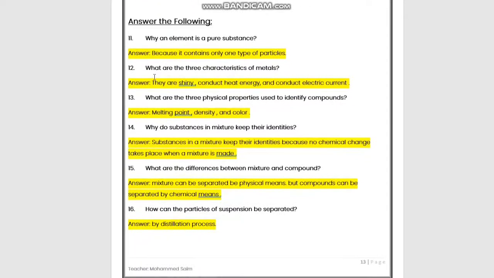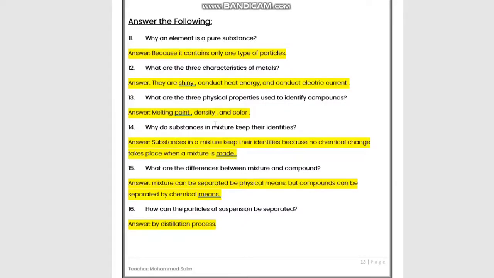And answer the following. Why is an element a pure substance? Because it contains only one type of particle. Next question. What are the three characteristics of metals? They are shiny, conduct heat and energy, and conduct electric current. What are the three physical properties used to identify compounds? Melting point, density, and color.